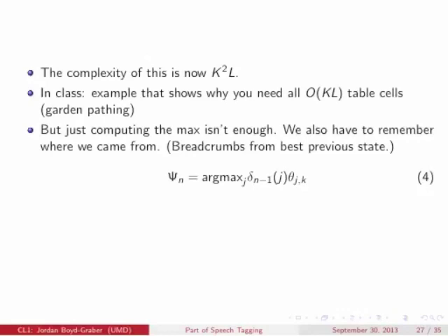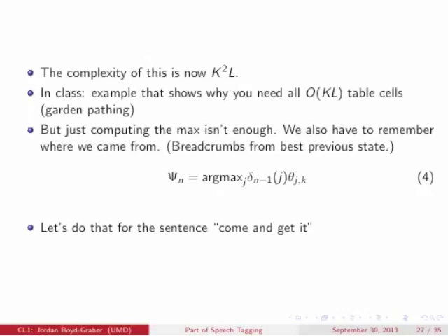In class, we'll work through an example of why you need all those k times L table cells using a phenomenon called garden pathing. But computing the maximum isn't enough. You also need to remember the best state that you came from. This is often referred to as breadcrumbs.